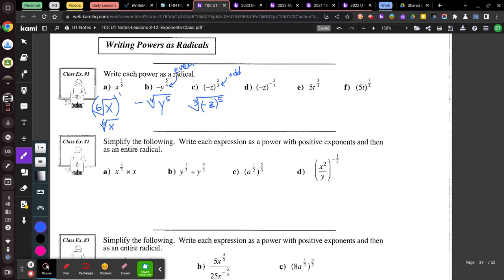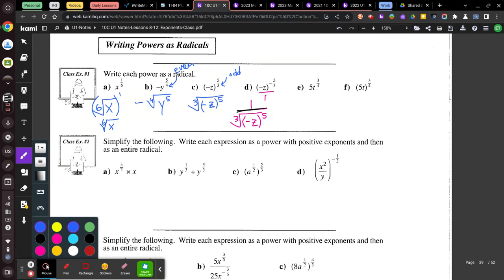Same as on D, it's a negative base, so it's staying in brackets. He's going to look like, but we have to flip him first because we have a negative exponent. He's going to be 1 over cube root in brackets negative z exponent 5. So very similar to the one before, only it was a negative exponent, so we had to flip it and make it a fraction.